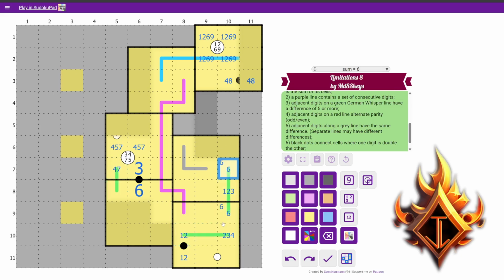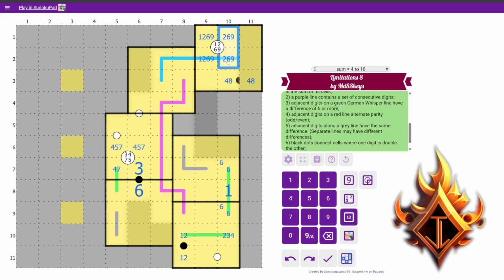So it's every single digit, 1 through 9, except for 5. So since 6 is known to be in one of these, that must be a 1. And now we can take 1 and 6 out of there, we can take 2 and 9 out of there. Now that 1 is on this green, it cannot be on this one.